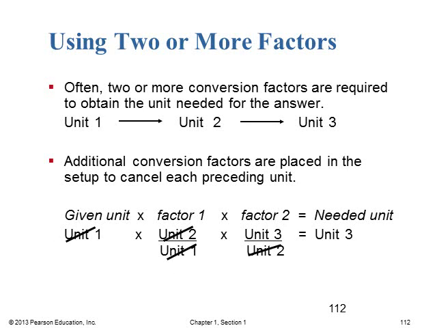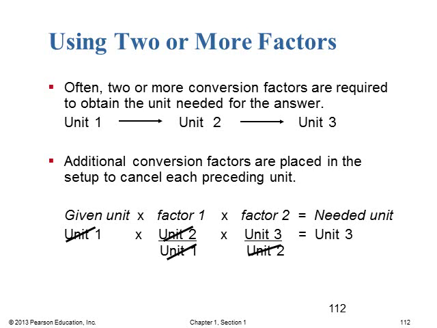Very often we need more than just one step, and it's the same process. We just have multiple steps, so you may need to use multiple conversion factors before we can get to the correct answer. So just break it down even further if you need to.